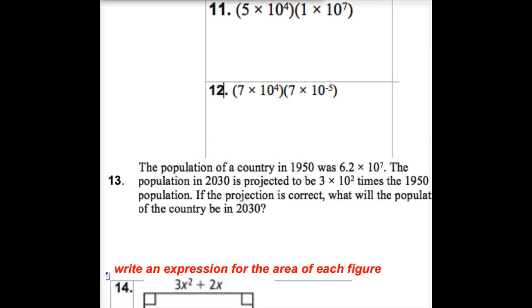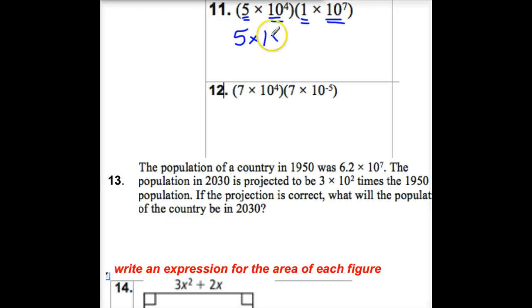All right, moving right along to this last page here. When we're working with scientific notation, we're going to approach it exactly as I did on the previous page with the grouping. I'm going to ignore these parentheses. They're not doing anything for me. This is 5 times 10 to the 4th times 1 times 10 to the 7th. I am going to take my non-exponent parts, the 5 and the 1, and do them first.